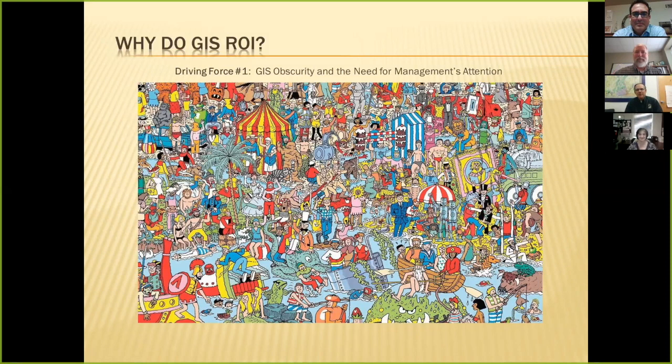Driving force number one. There is a degree of obscurity that all of us in the GIS field have to deal with, and ultimately this is our need for capturing management's attention. In this illustration, you can think of this as your typical organization: many independent factions, processes, and results, as well as unique individuals, motivations, and objectives.